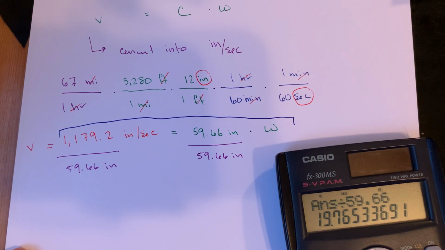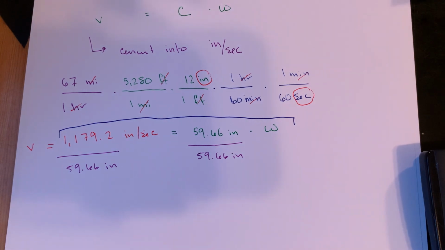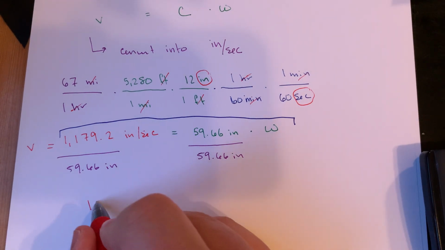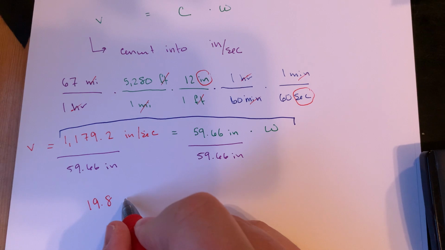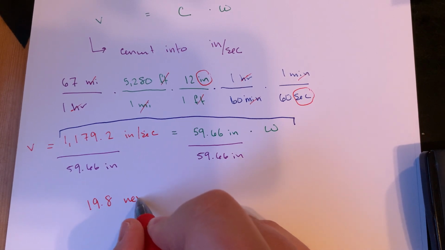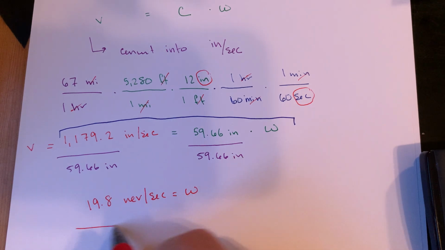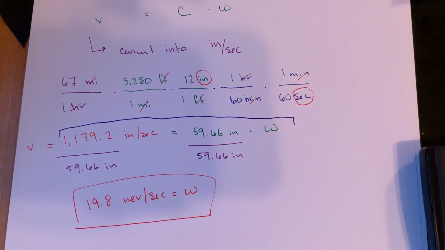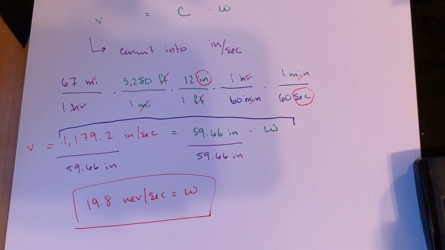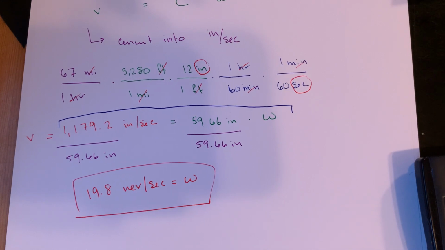So divide by 59.66, looks like 19.765, we'll call that 19.8. And that's revolutions per second. So effectively 20 rotations at the wheel per second to go 67 miles per hour.